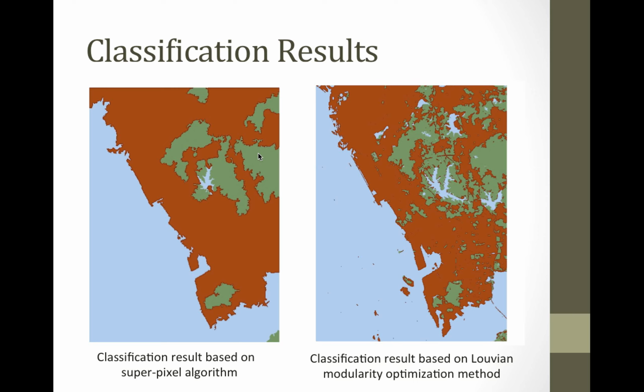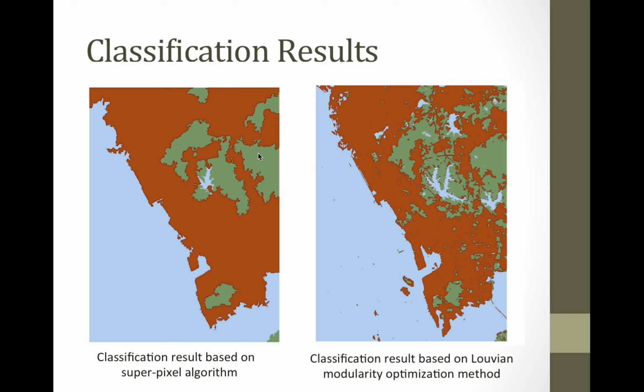Based on the same trained model, I classified the land uses for the different approaches. The first one is the classification results based on the superpixel algorithm, and the second is the classification results based on the Louvain method. From these two pictures, we can clearly see that the Louvain-based method can classify land uses with better results because it captures more detailed urban features. But that's not enough for our evaluation.